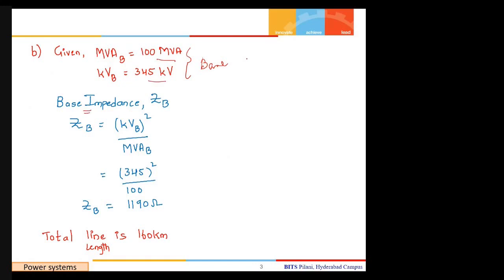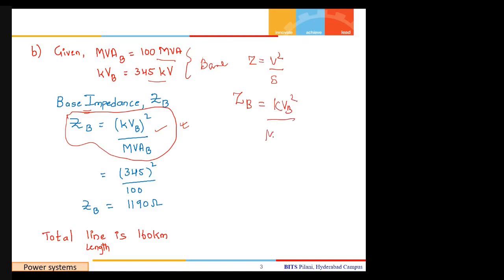We know that impedance is equal to voltage squared divided by the complex power S. So kV base squared divided by MVA base will be the base impedance of the entire power system. This formula is important; you have to remember it. The base impedance ZB is equal to kV base squared divided by MVA base.